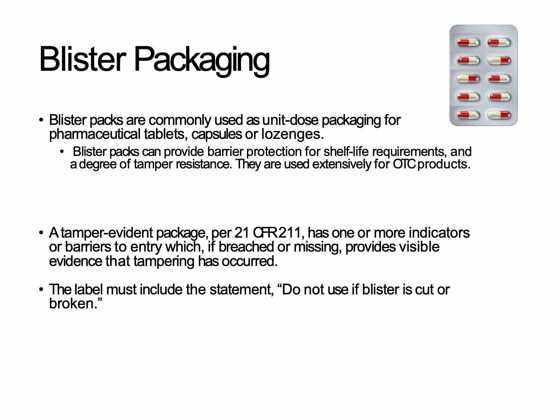Now let's go over the blister packaging. This slide is highlighting blister packaging, a widely used format for solid oral dosage forms such as tablets and capsules. Blister packs provide a protective barrier against moisture, oxygen, and light, helping to maintain product stability and shelf life.